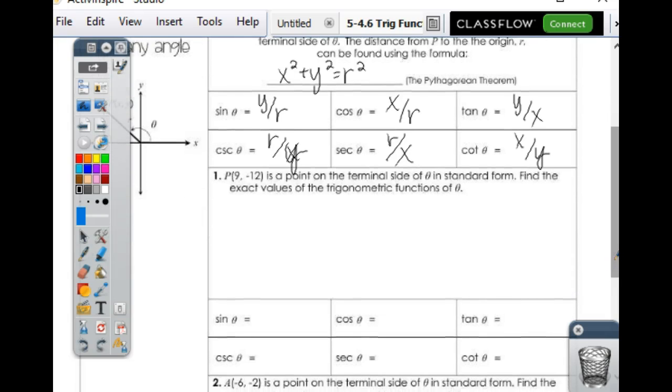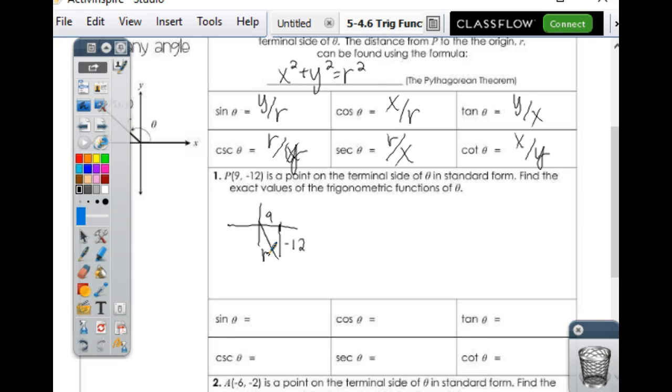And negative 12 is terminal in standard form. So that's a lot of words. So if it's 9, it's over 9, and negative 12, there's the triangle. And that's my r.